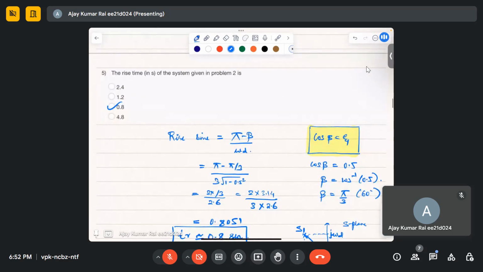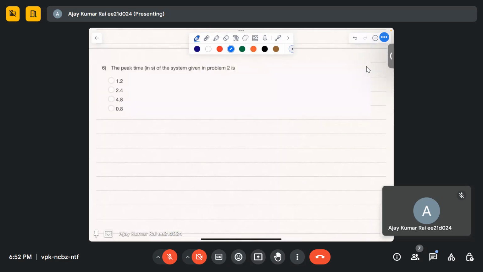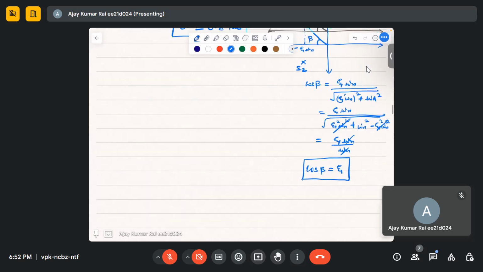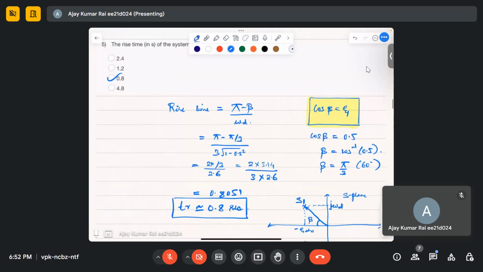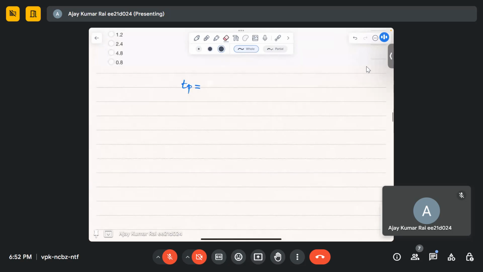Very simple question. Rise time done. Sixth question: calculate the peak time of the system given in problem 2. So what is peak time here? You remember it will be pi divided by omega d.